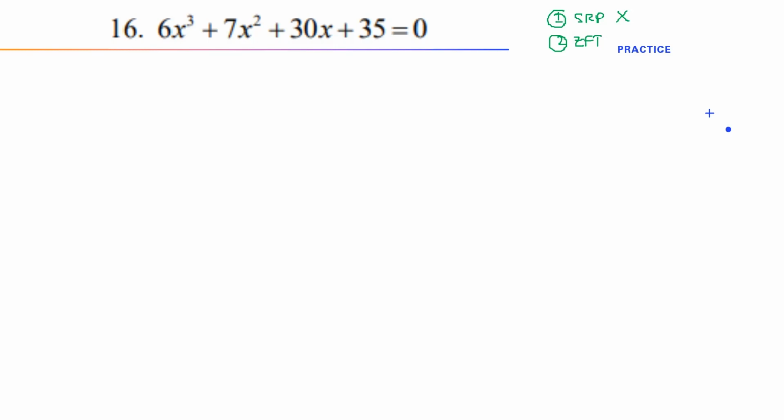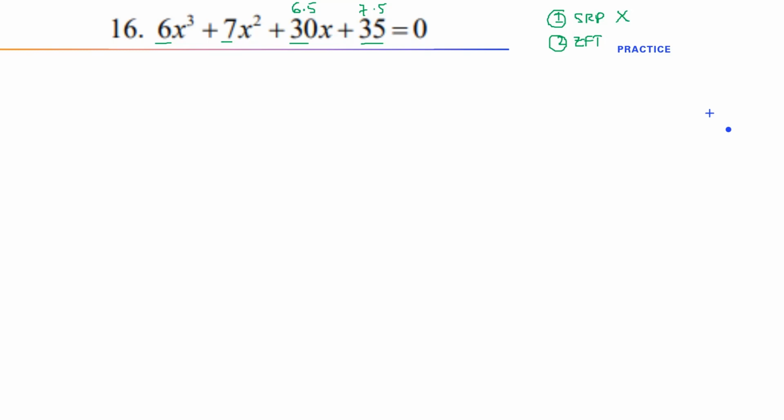By looking at this, we have 6 and 7 for the coefficients right here. And 30 is 6 times 5. 35 is 7 times 5. So they have 6 and 7 as factors in the coefficients.